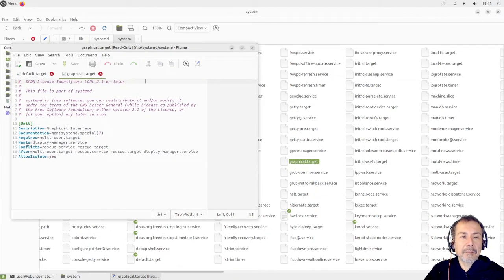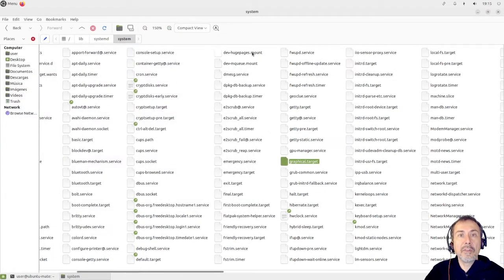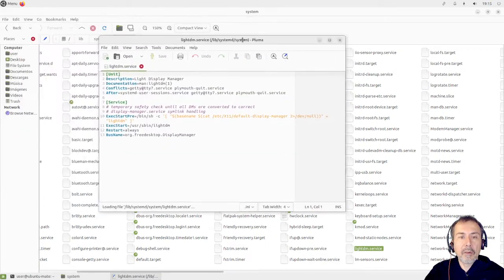But for managing services, that is what we will be doing in this unit. We have the units, the service units. The service units, for example, if I open one, for example, LightDM, and maybe you remember LightDM from another unit here. This is the display manager, and this unit is used for opening the display manager in our system.